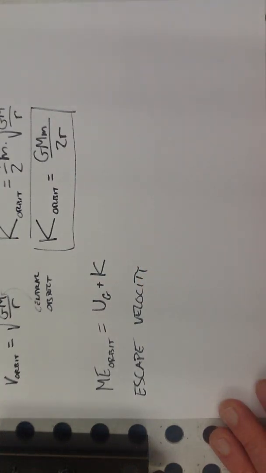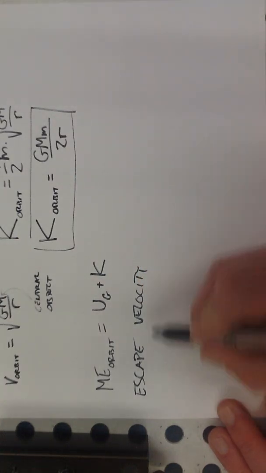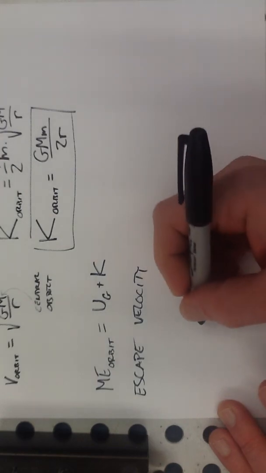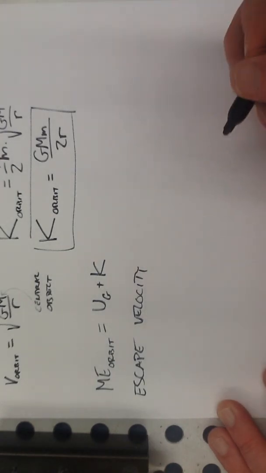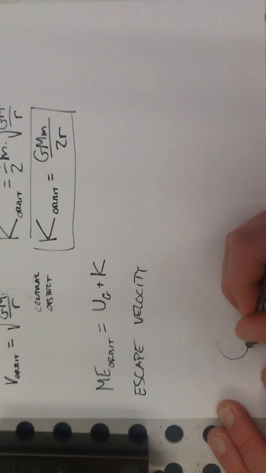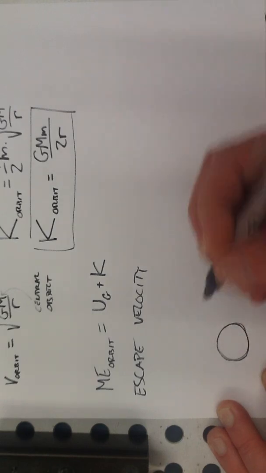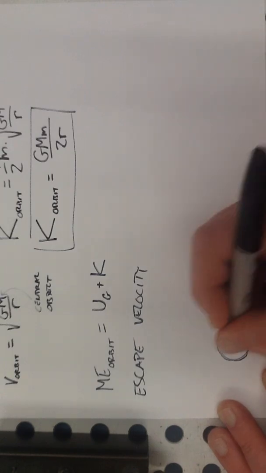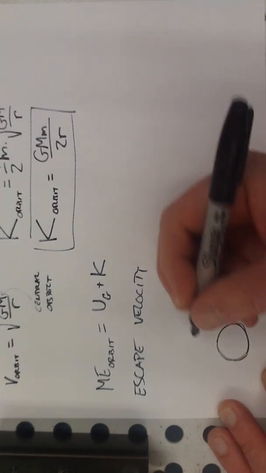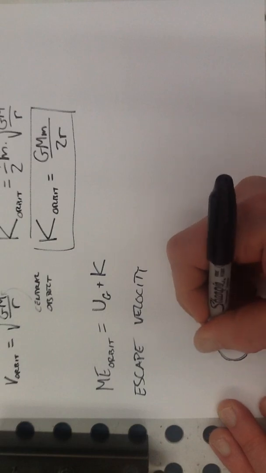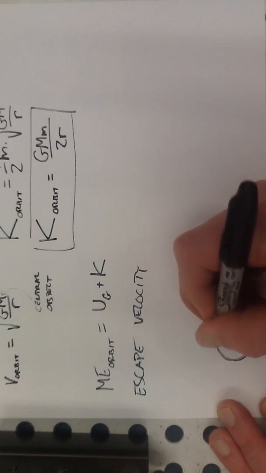First of all, what does it mean, escape velocity? Well, that's the velocity that it would take for something to go from the surface of some planet. We could say the surface of a star, but of course if you're at the surface of the star, you're not going anywhere because you're toast.